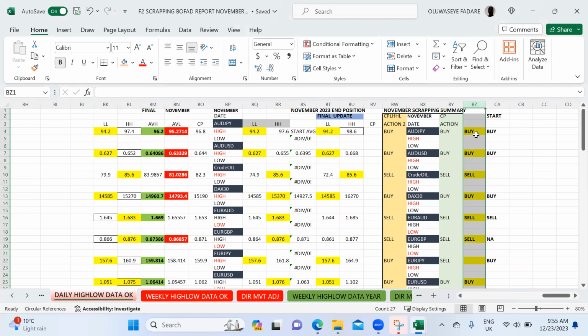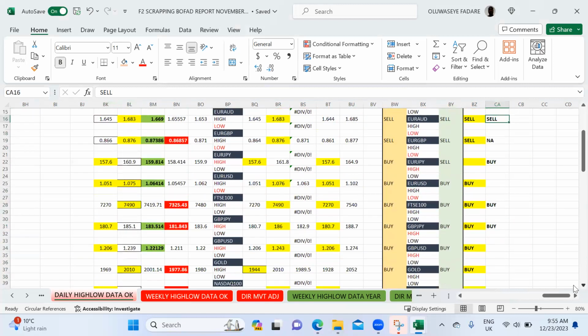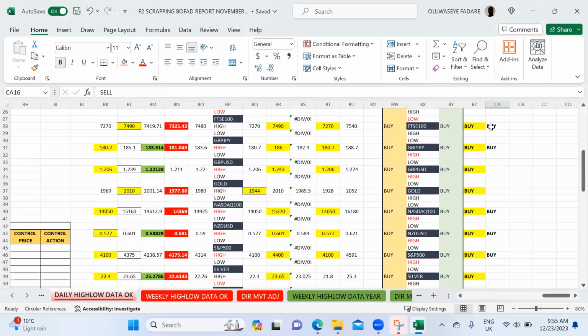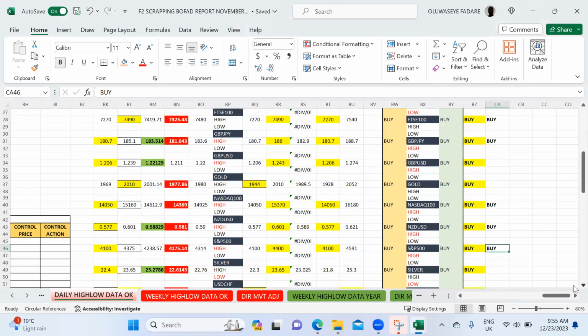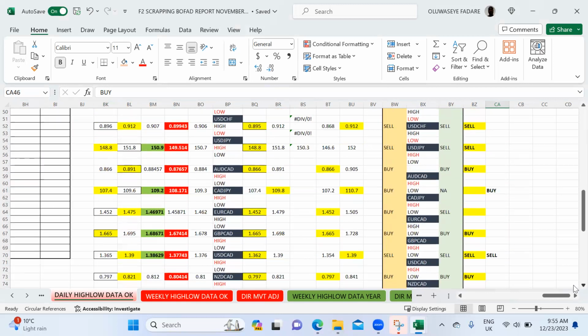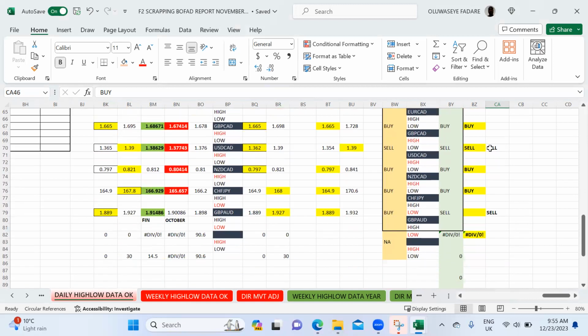So from the information that we see, you can see 1, 2, 3, 4, 5, 6, 7, 8, 9, 10.